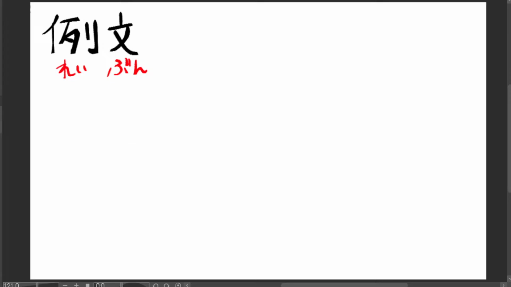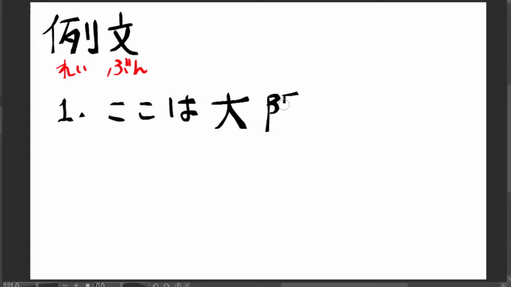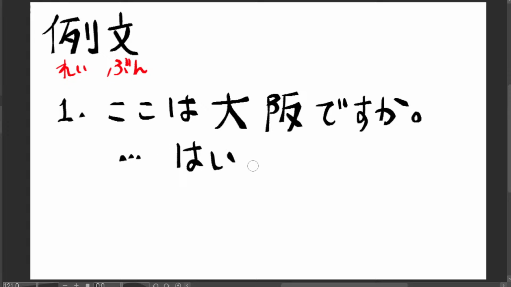So the first example is ここは大阪ですか？And the answer would be はい、そうです。Looking at this example sentence, ここは means here, Osaka desu ka?